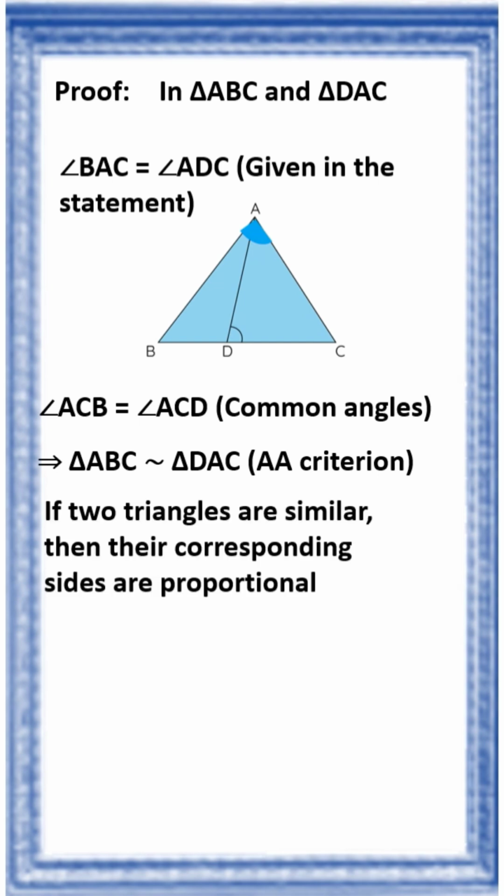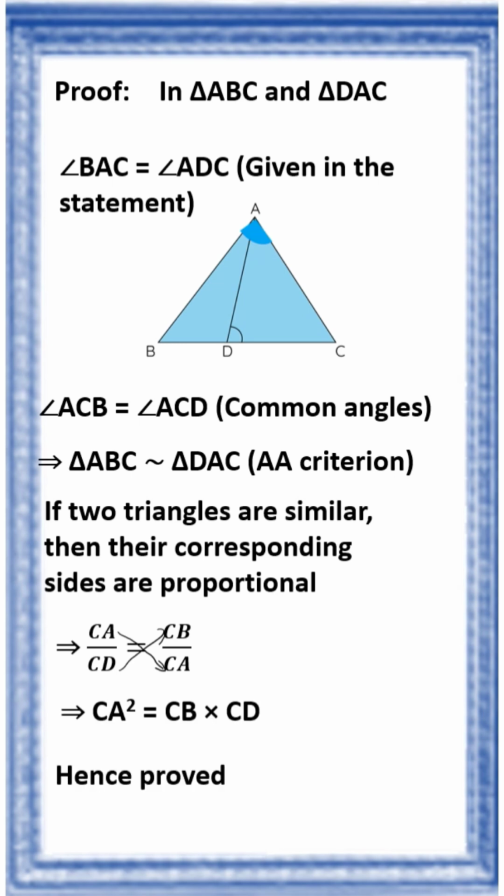If two triangles are similar, then their corresponding sides are proportional. It implies that CA by CD is equal to CB by CA. Now cross multiply. What will you get? CA square is equal to CB into CD. Hence proved.